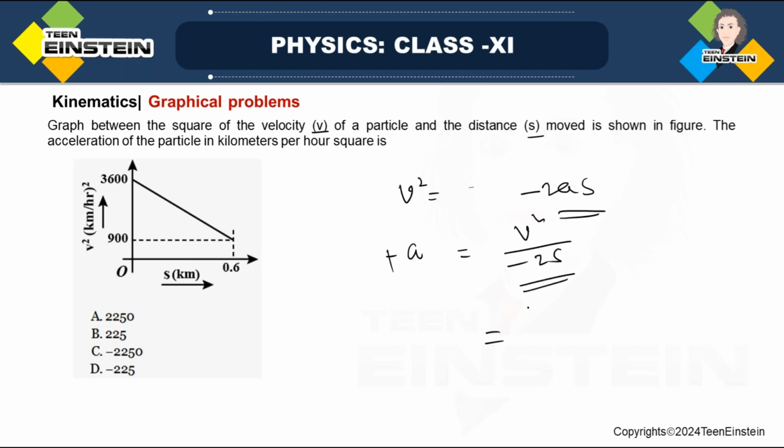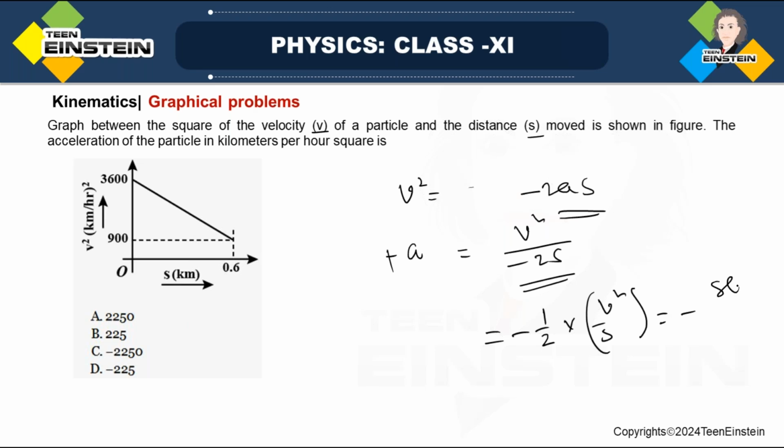So v square, we can take this. Actually v square by s is minus half into v square by s, that is nothing but the slope.